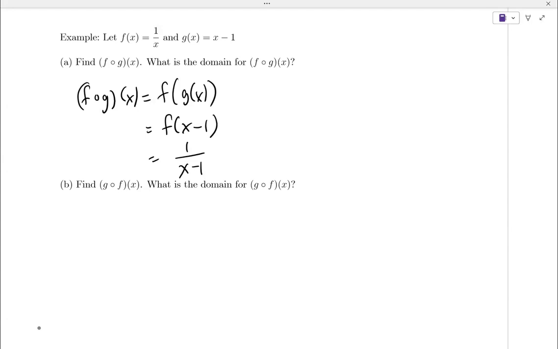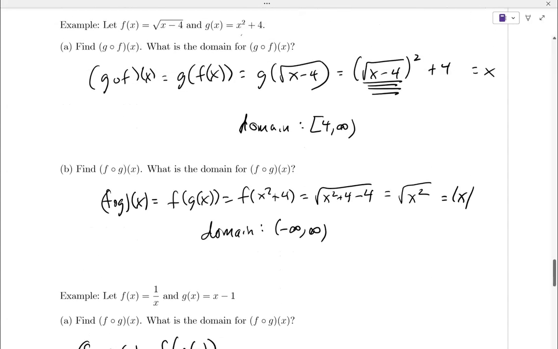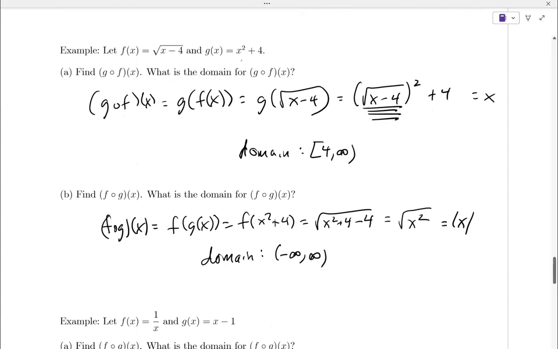Not a lot of simplifying to do in this one, but remember when you're asked about finding the domain, make sure that you answer the domain question pre-simplifying, right? We had one last time where if we simplify, we might not have identified the domain correctly, right? We did this one.